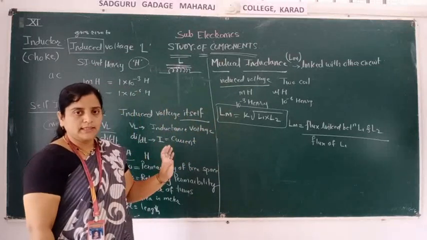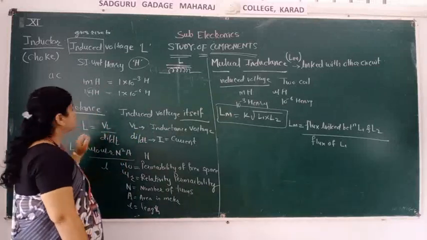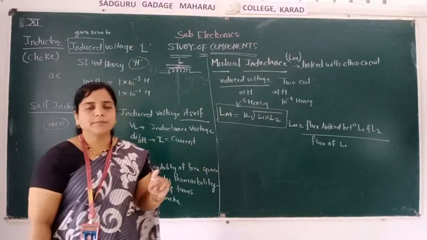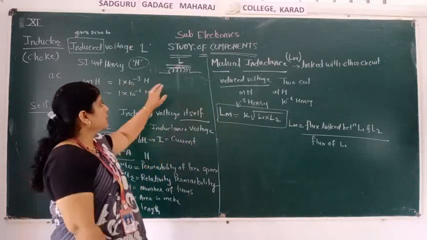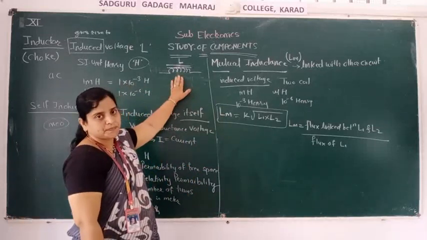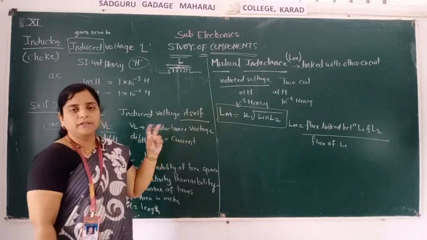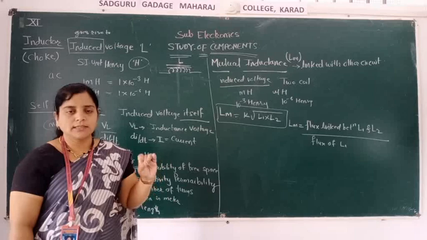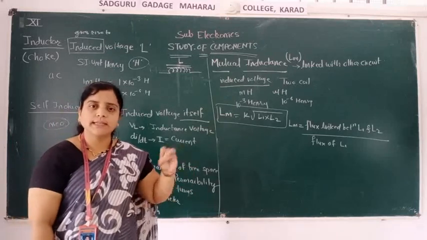Do all of you understand this? Inductor means it induces voltage. Its symbol is L and it is measured in Henry. It has two basic types, self-inductance and mutual inductance. In self-inductance, it induces the voltage itself.